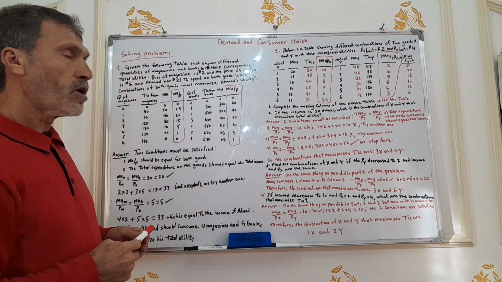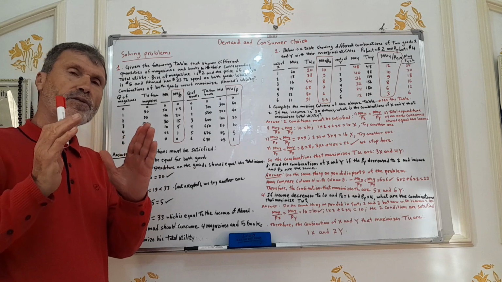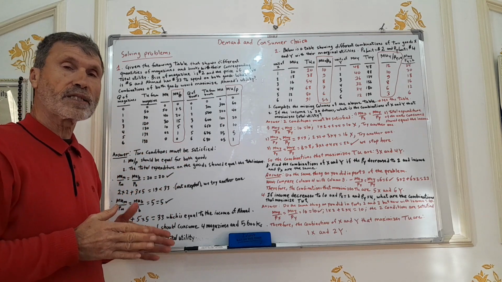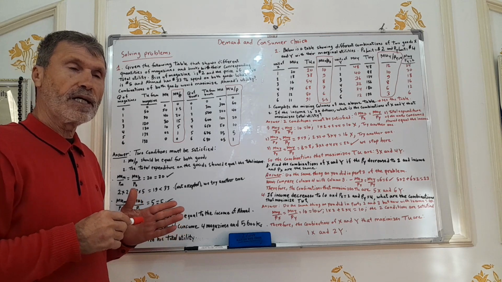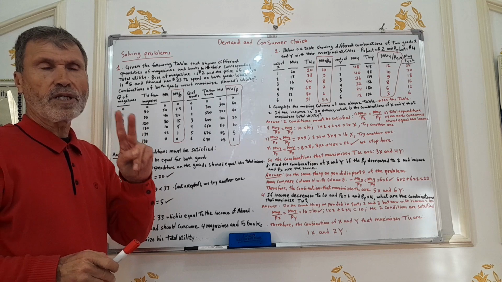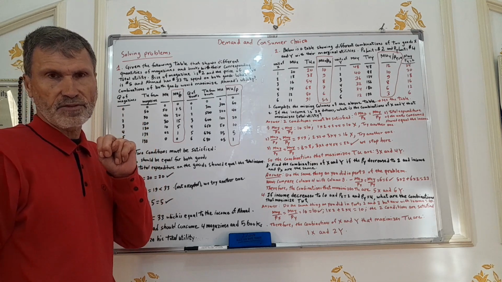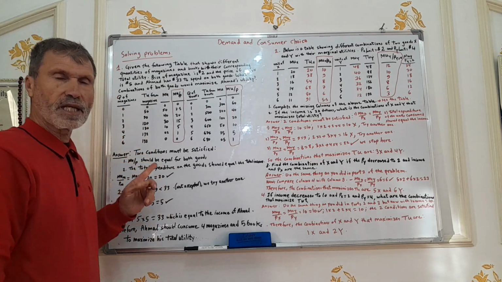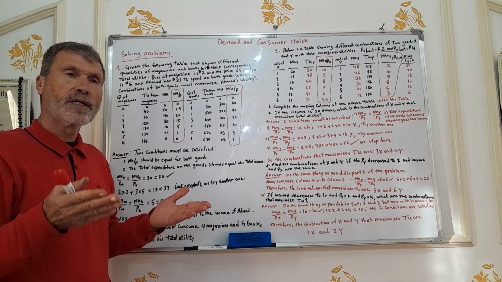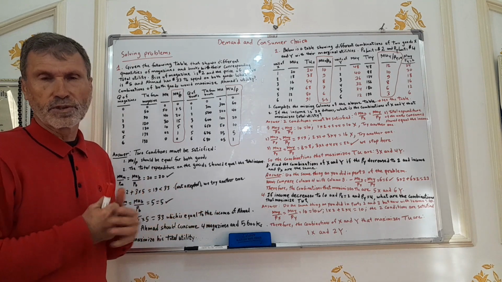Now, in order to find the combination of magazines and books that will maximize Ahmed's total utility, we need to make sure that two conditions are satisfied. The first condition is that the marginal utility per dollar is the same for both goods.